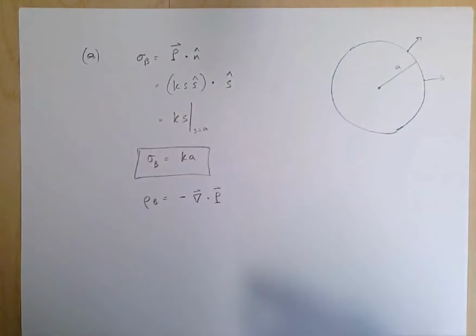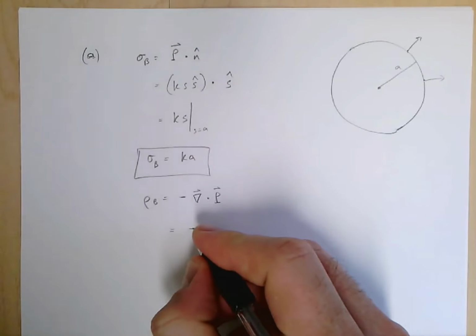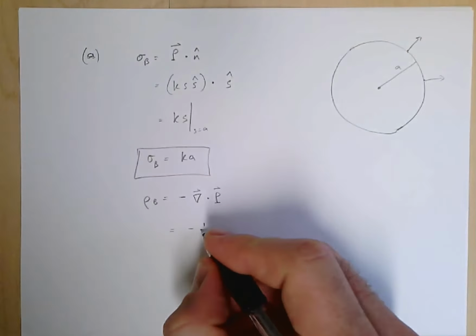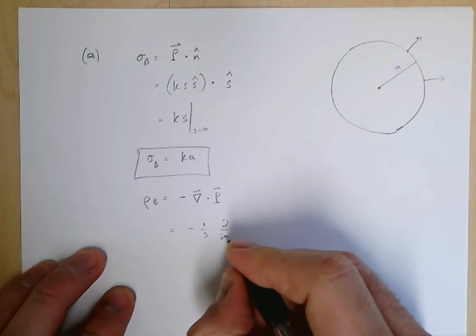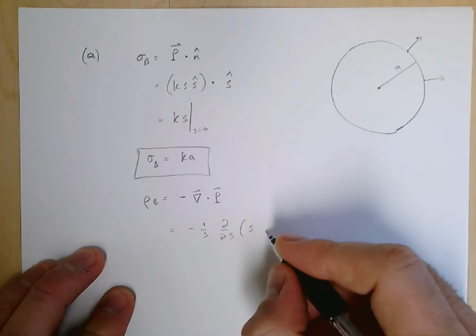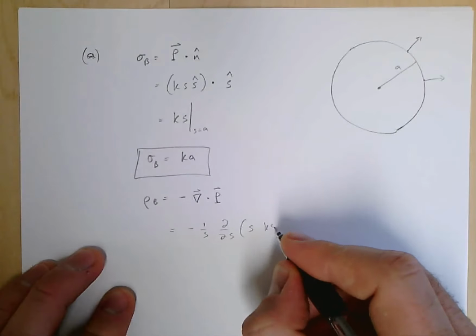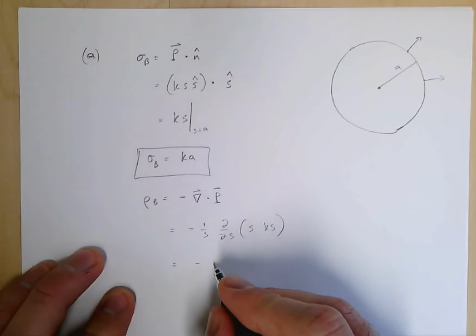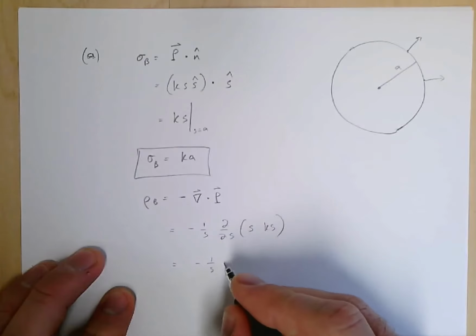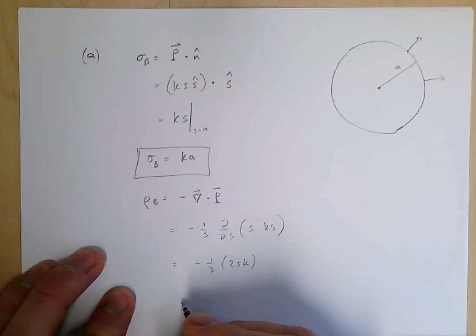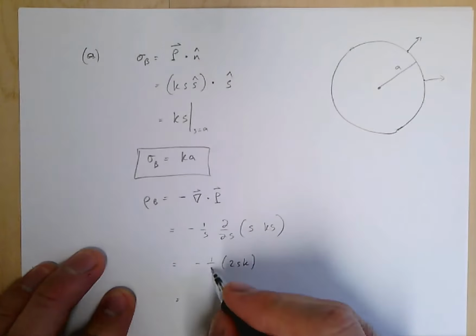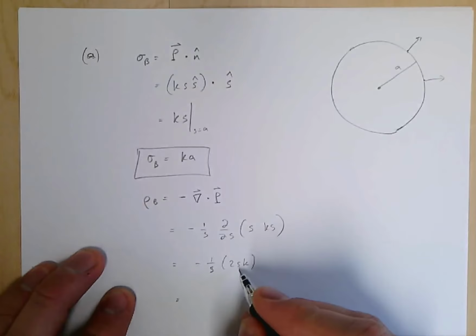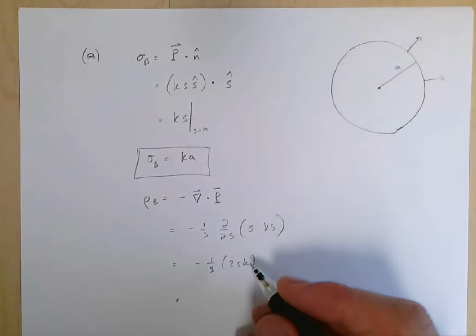Okay, and so I'll write that down as minus 1 over s d by ds of s times now the s hat component, which is ks. And if I solve that, it looks like I get a minus 1 over s times 2sk. Now this s is not evaluated at any particular place.